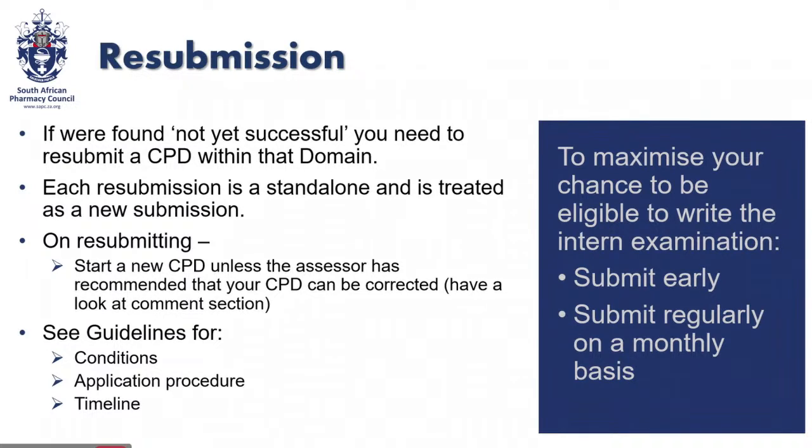Hopefully nothing bad happened to that patient. But then you have to redo it. Then you have to start over. But look at the comments made by the assessor. Also look at the guidelines for the conditions of resubmission, the application procedure, and then the timeline also involved with that.